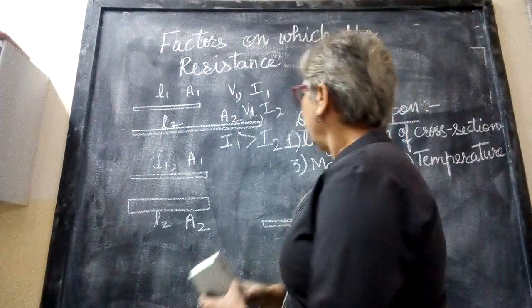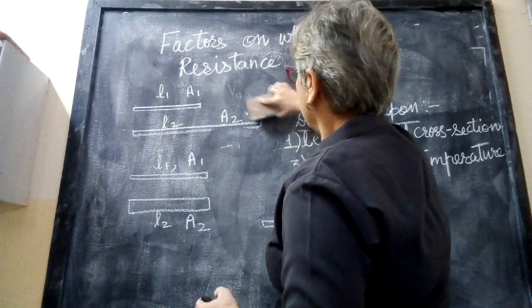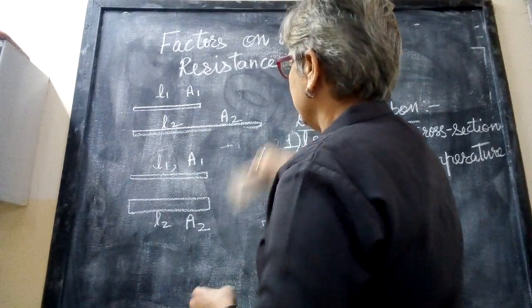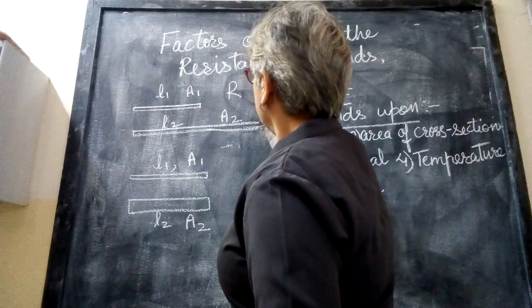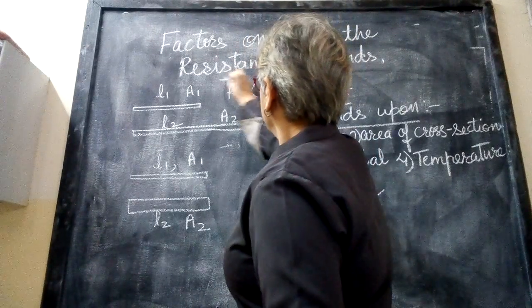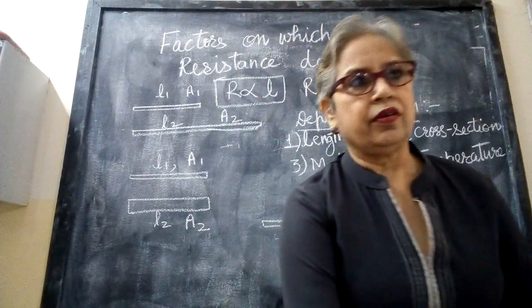Okay, so after this observation, what you come to know is that yes, the resistance is directly proportional to the length of the resistor.